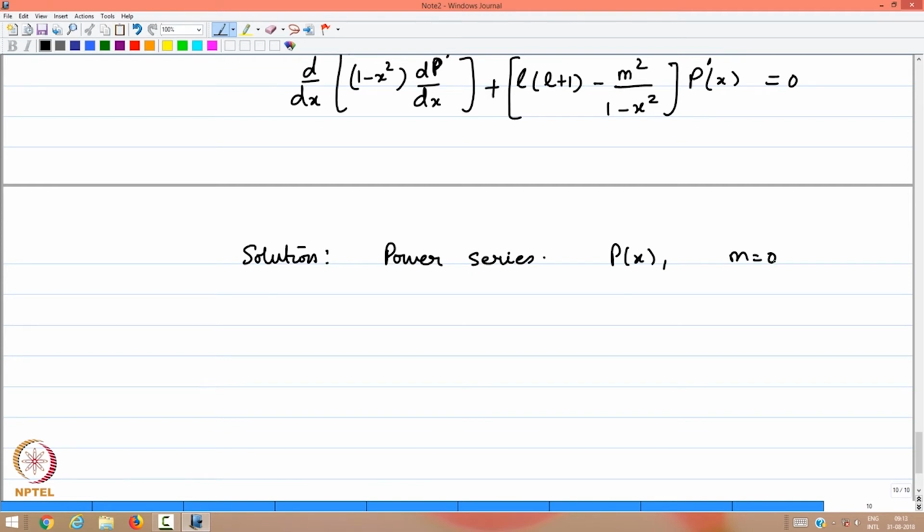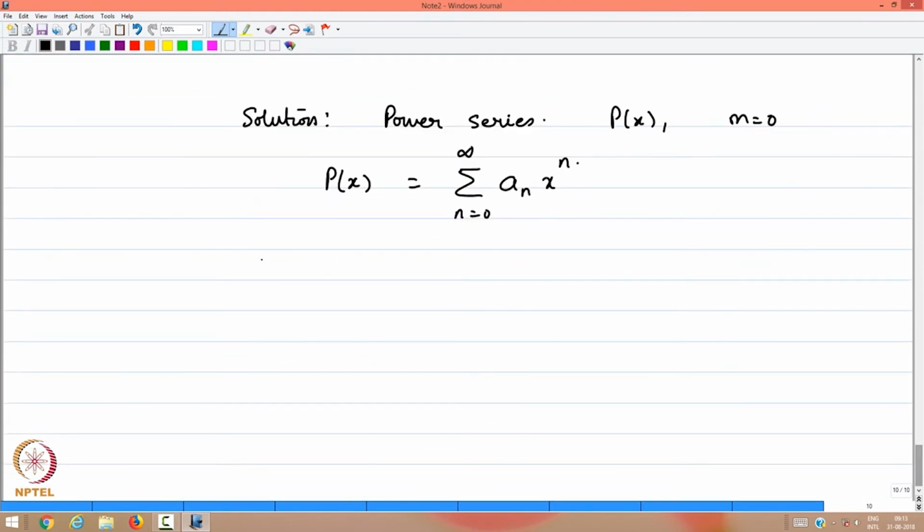So, the solution is in the same way that we did for the other series solutions, namely p of x is written as an infinite series, n equal to 0 to infinity, a n x raised to n, and the equation that we are going to solve is d by dx of 1 minus x square times dp by dx plus L into L plus 1 p of x is equal to 0.